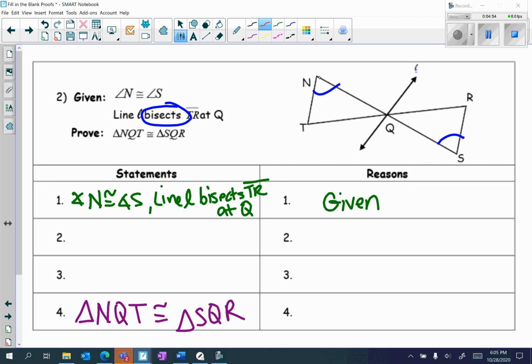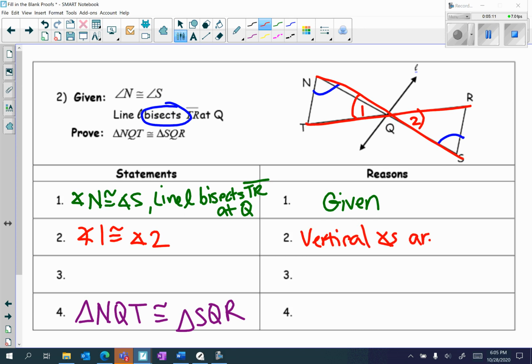Next, notice that I have an X here, so I have vertical angles. I'm going to put a 1 and a 2. Angle 1 is congruent to angle 2, vertical angles are congruent. Next, I see the word bisect, so I'm going to write the definition of a bisector in my reasons.